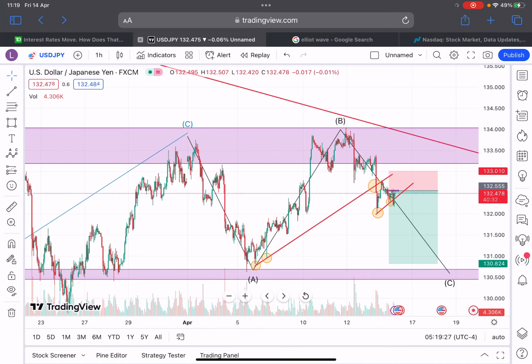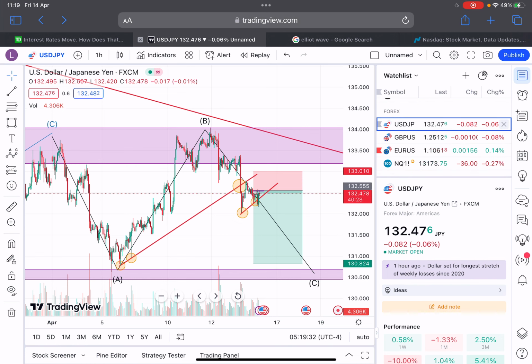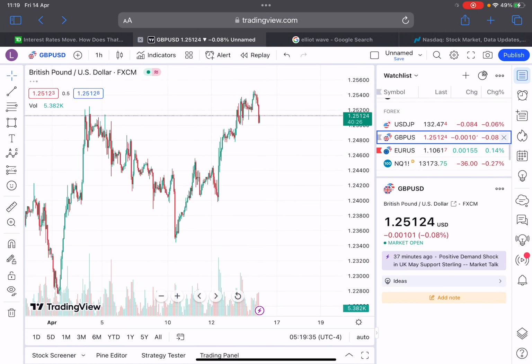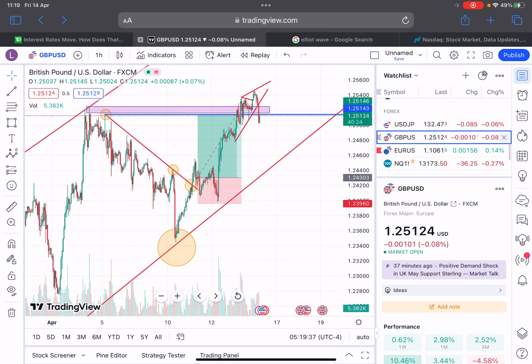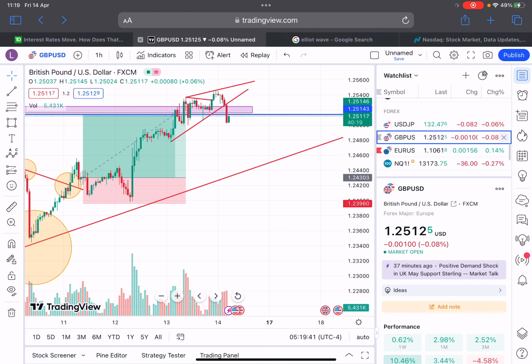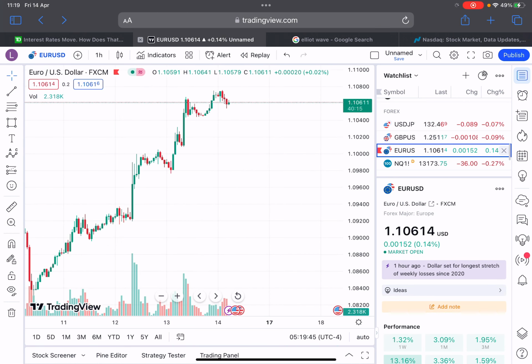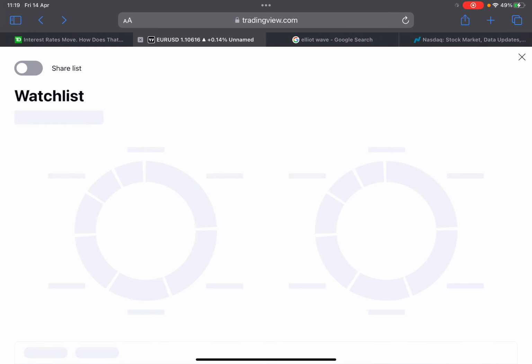All right, this is the strategy that I'm using to trade. So now let's find the currency pair that we will analyze, that is clean. On GBP USD, let me add.